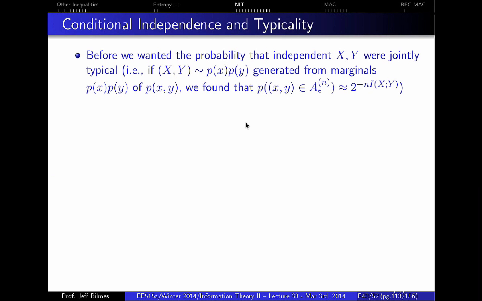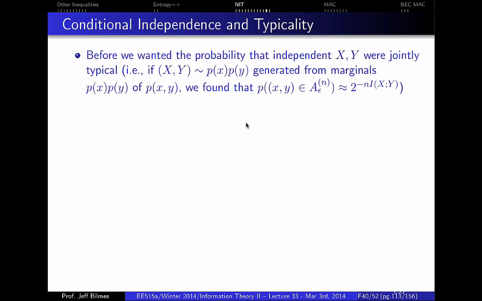One thing that we absolutely need is this one. Remember before, the way we proved the channel capacity theorem was we asked, what's the probability that two independent, singly typical sequences would be jointly typical in this sense? For example, if we draw x1 and x2 independently, with probability of x1 times probability of x2, so that's an independent distribution, how likely is that to be jointly typical?